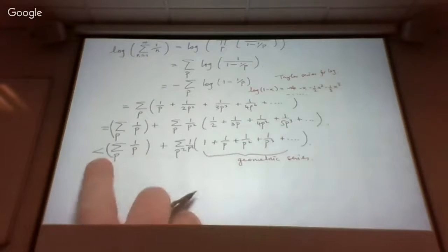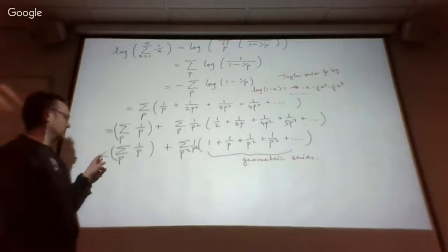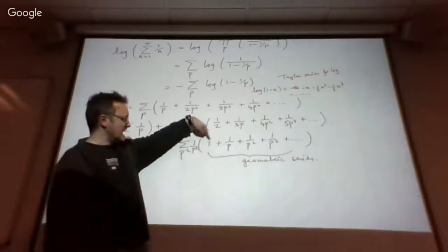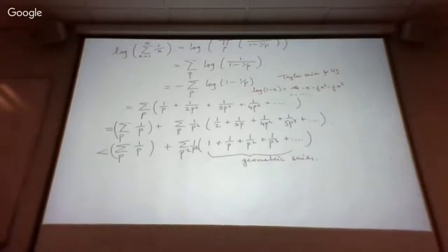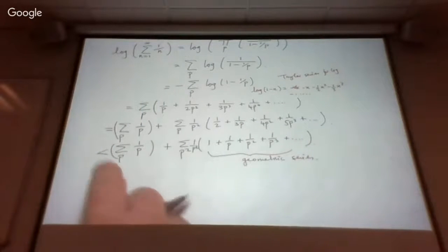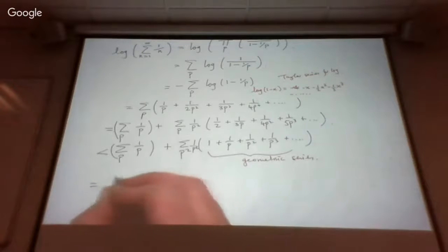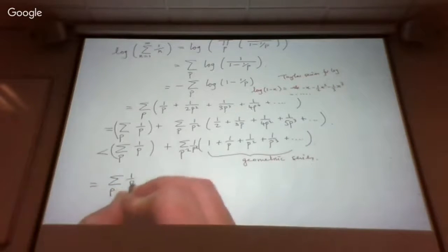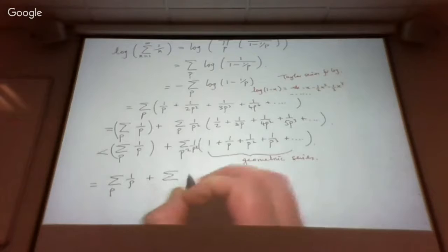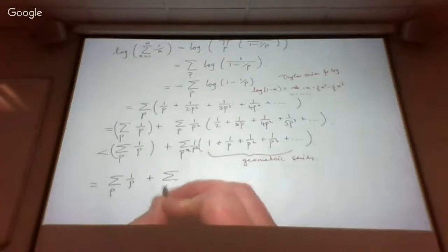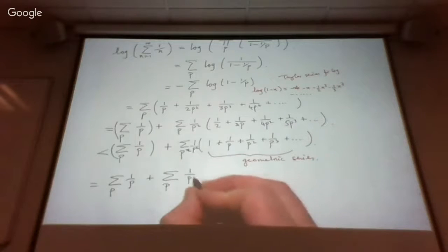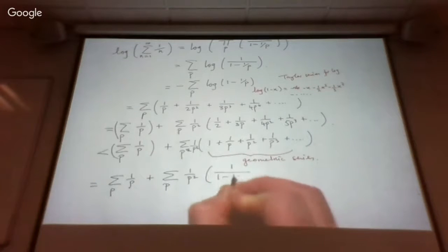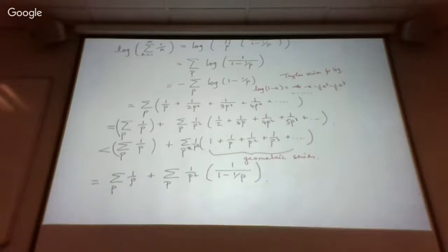And of course I'm making something bigger. So I'm replacing a half with 1, a third with 1, a quarter with 1. So I'm making this thing bigger, but this is now equal to the sum of the reciprocals of primes, the sum over all p, 1 over p squared times 1 over 1 minus 1 over p, again using the geometric series formula.